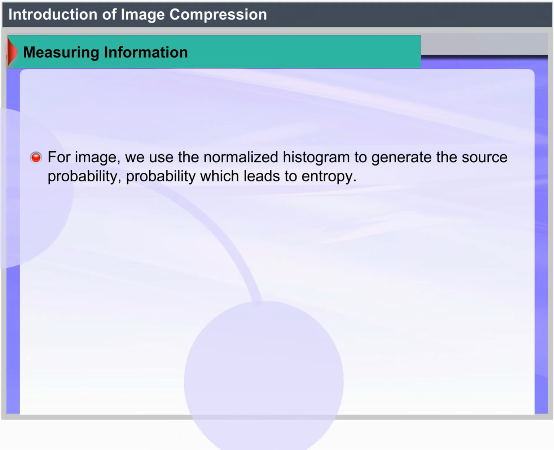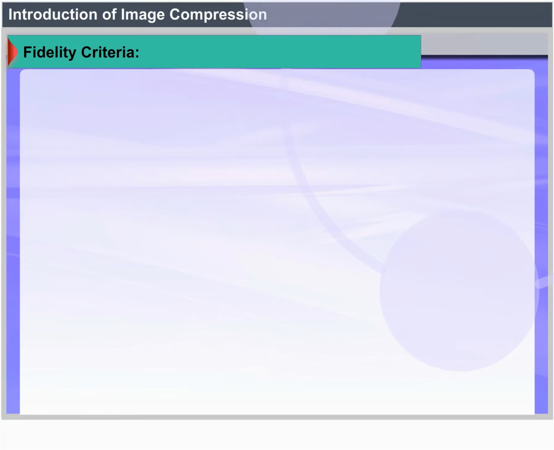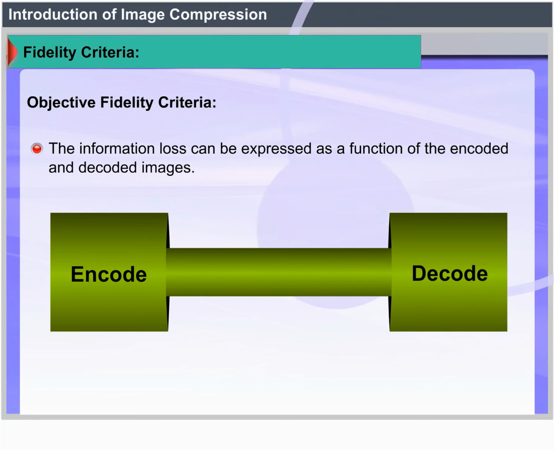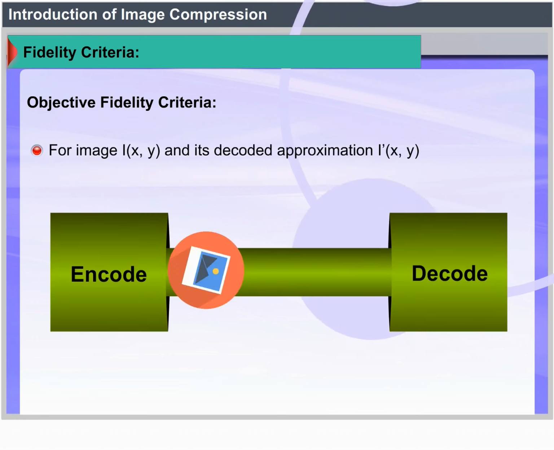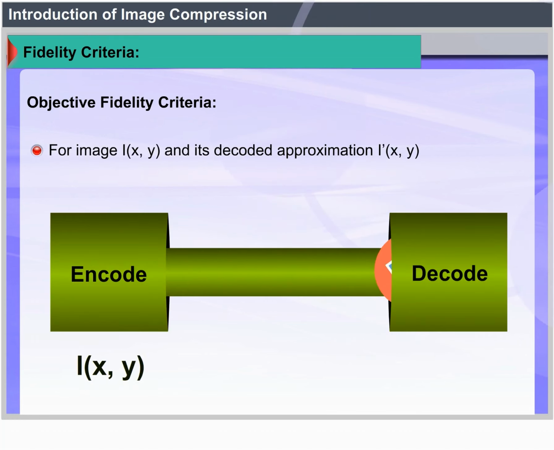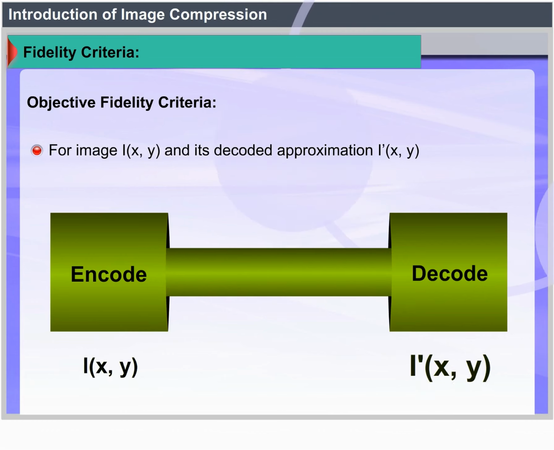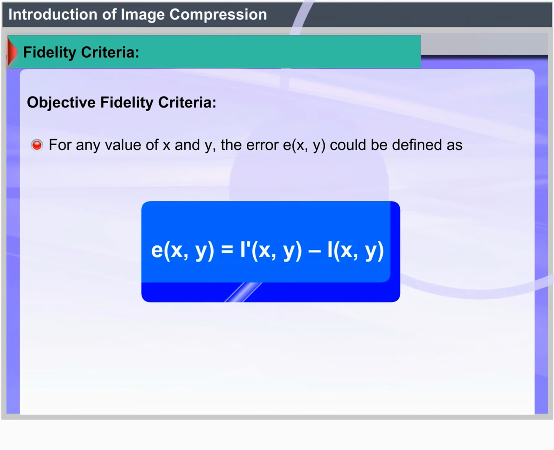Fidelity criteria. Objective fidelity criteria: the information loss can be expressed as a function of the encoded and decoded images. For image I(x, y) and its decoded approximation I dash(x, y), for any value of x and y, the error e(x, y) can be defined as shown.